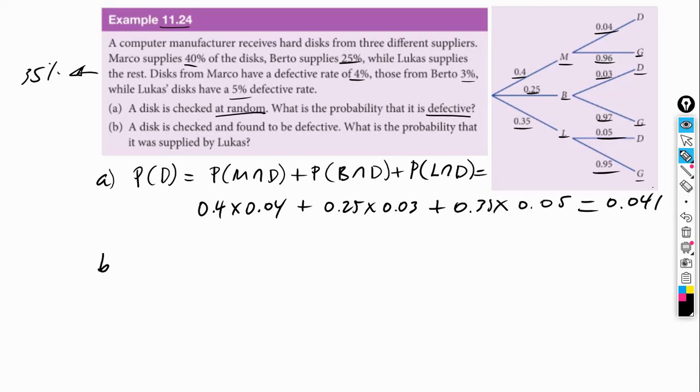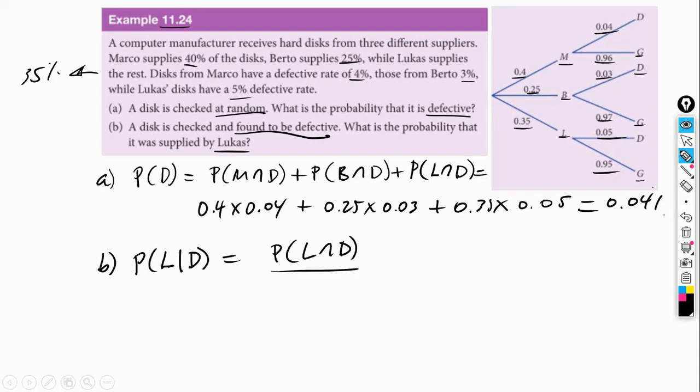For part B, it says, a disk is checked and found to be defective. What is the probability that it was supplied by Lucas? So this is the probability that the disk came from Lucas, given that it was defective. That is simply going to be the probability that it is from Lucas and defective over the probability that it was defective.